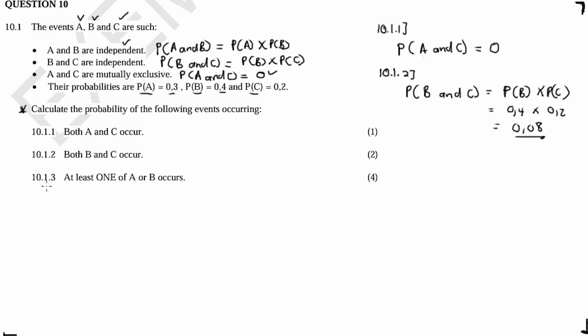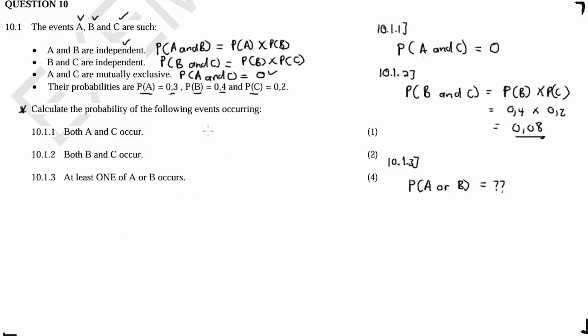Alright, 10.1.3. At least one of A or B occurs. Basically, they are saying calculate A or B. So they want us to calculate the probability of A or B. This is where the fundamental laws come into the picture. Remember, we have 2 probability equations.